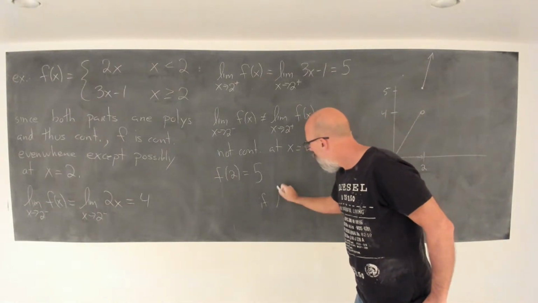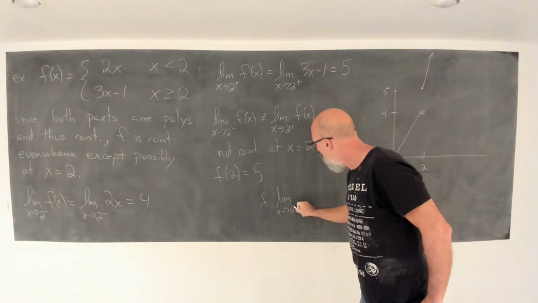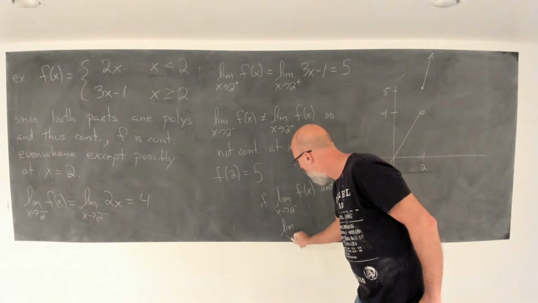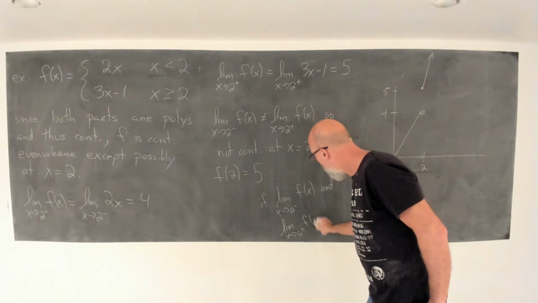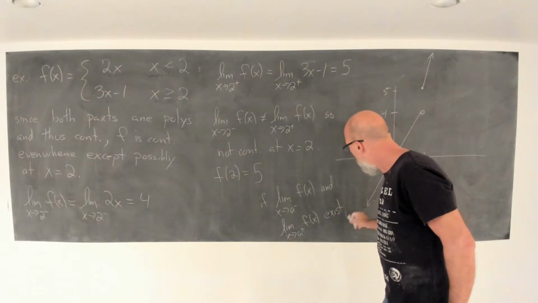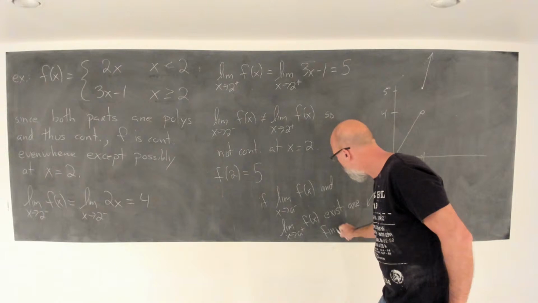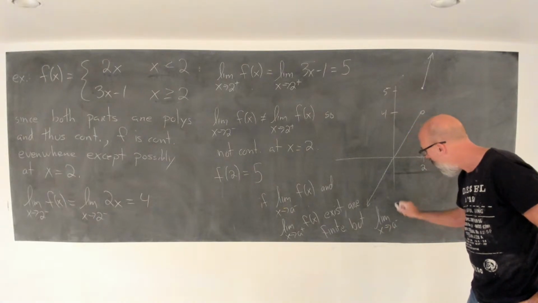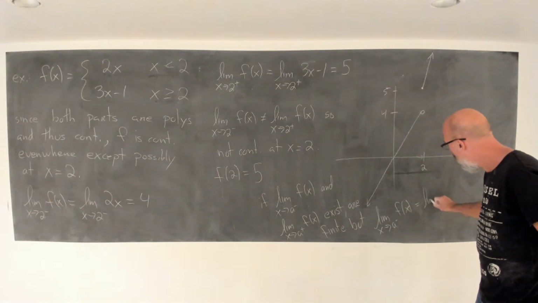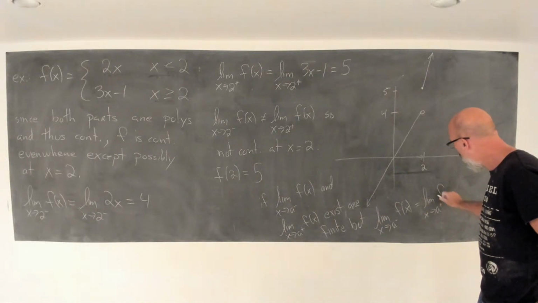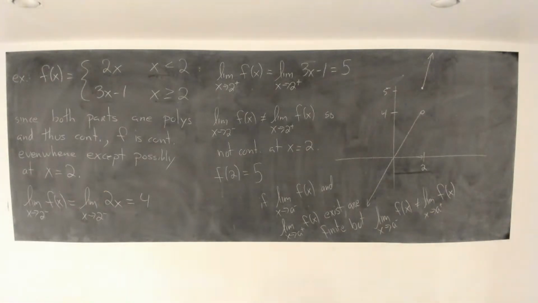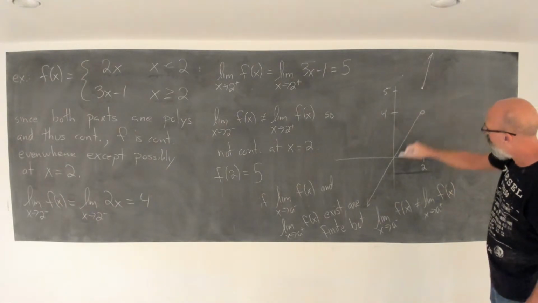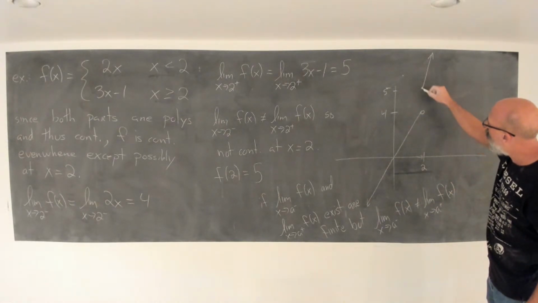If the limit from the left and the limit from the right both exist, are finite, but the limit from the left is not equal to the limit from the right, as in this case, well, to graph this, you would have to jump from one point to the other.